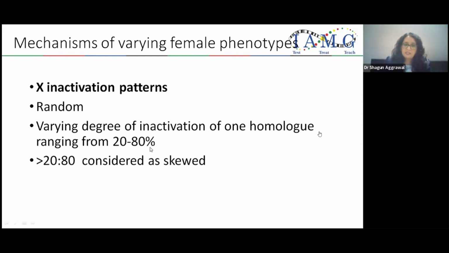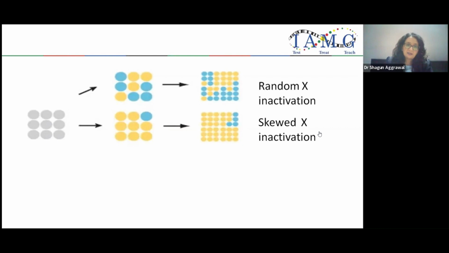But if this disproportionate X inactivation crosses this 20:80 ratio, then we consider it to be skewed, which means that one of the X chromosomes is preferentially inactivated and the other remains active.